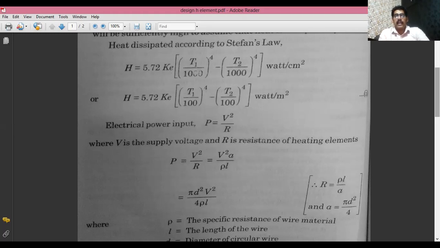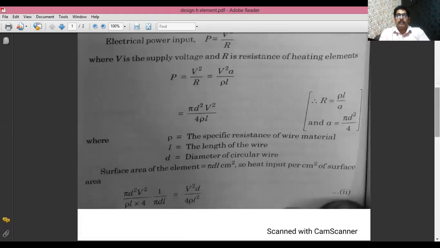Substituting these values into the above equation, we get pi d square V square upon rho into L into 4 into 1 upon pi d L.